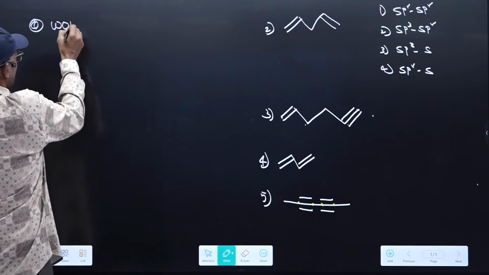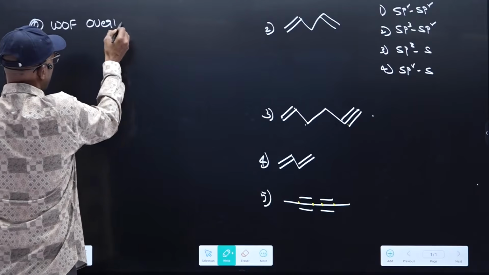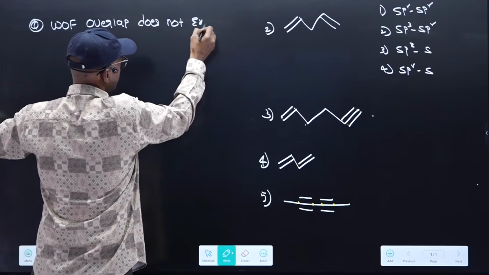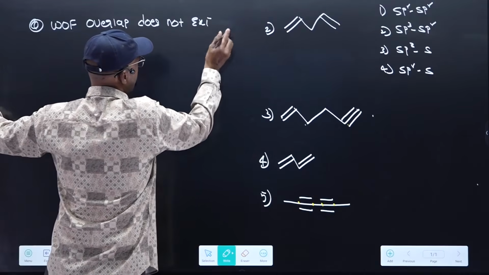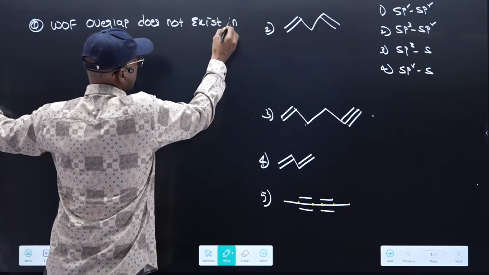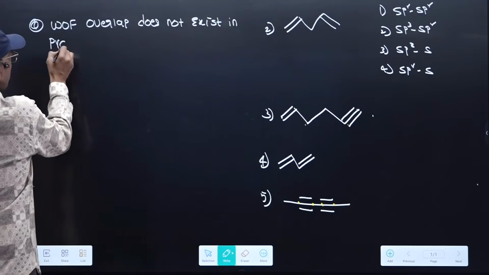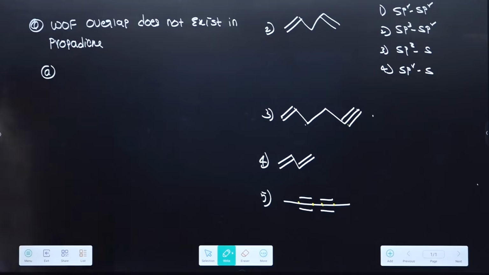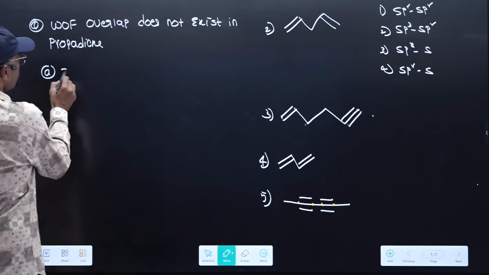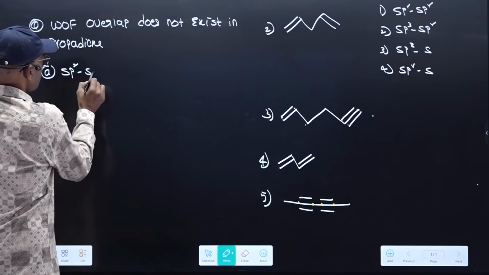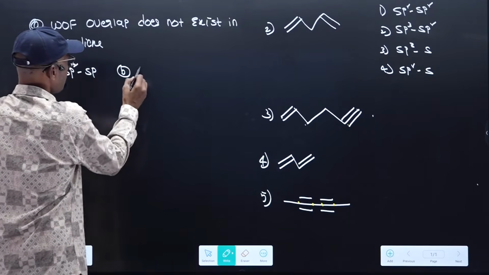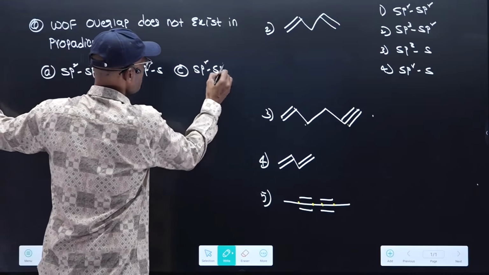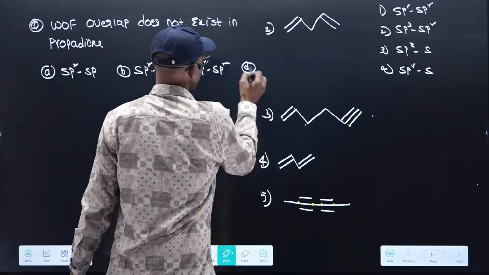See, which of the following overlaps does not exist in propadiene? In propadiene, which overlap does not exist? I am asking. Options: sp2-sp, sp2-s, sp2-sp2, option D, all.